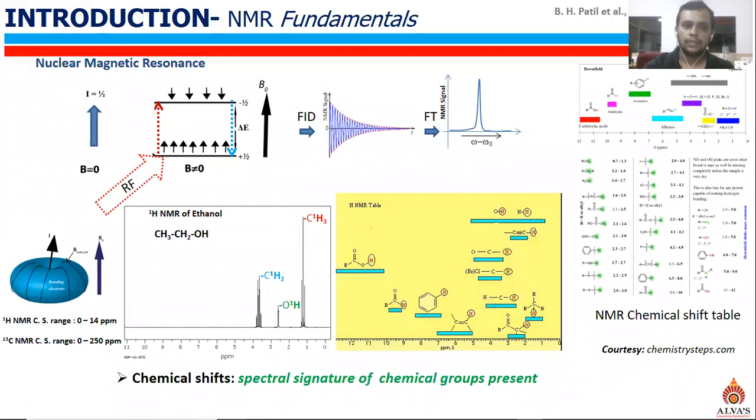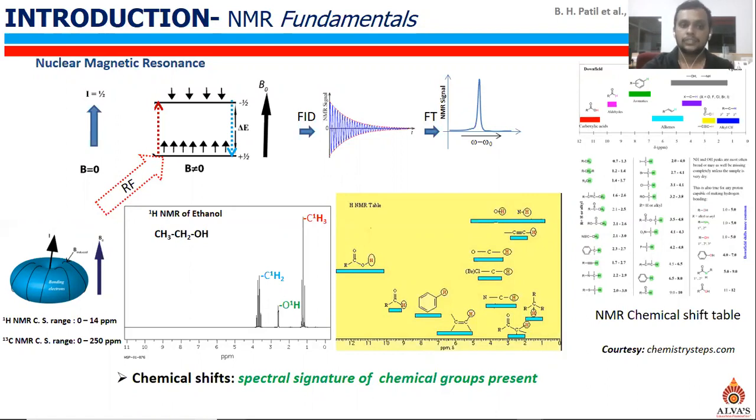NMR fundamentals: nuclear magnetic resonance mainly depends on the nucleus. When a non-zero spin nucleus is placed in a magnetic field, two energy levels are split, and when RF frequency is irradiated, transitions occur and give an NMR signal. This NMR signal resembles the spectral signature of the chemical groups present in the molecule.